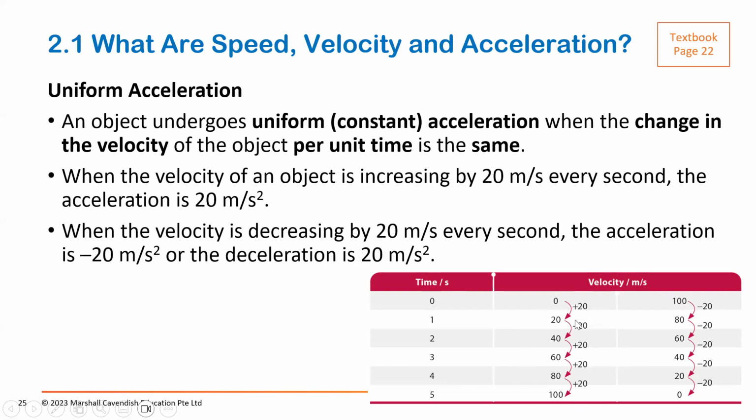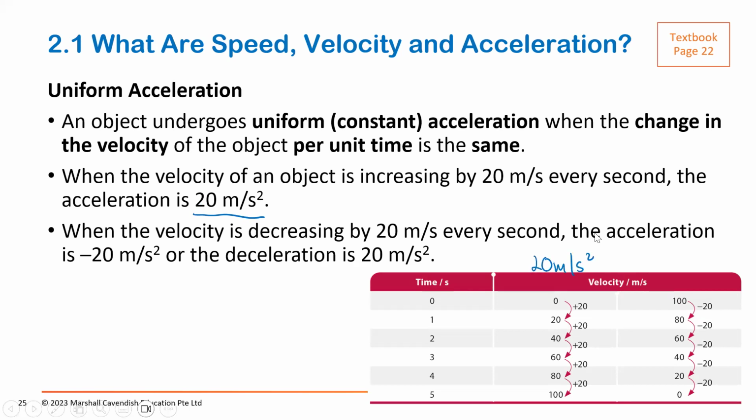At 1 second, it's moving at 20 meters per second. At 2 seconds, it's moving at 40, then 60, then 80, then 100 meters per second. So if the object is moving faster and faster, we say that it is accelerating. It has a constant acceleration of 20 meters per second square. Therefore the acceleration is 20 meters per second square for the first part.